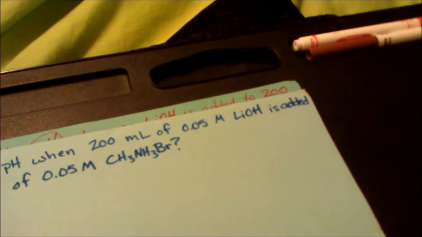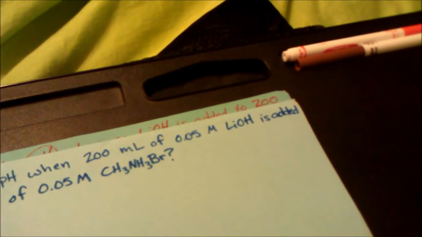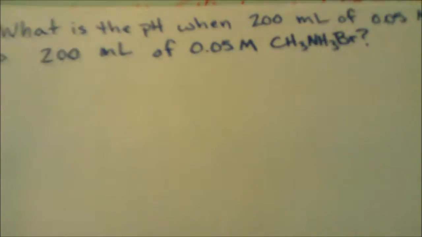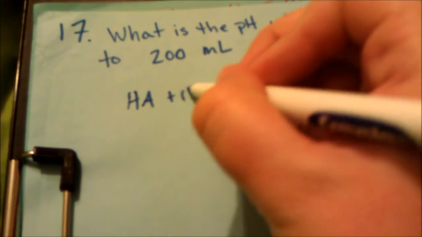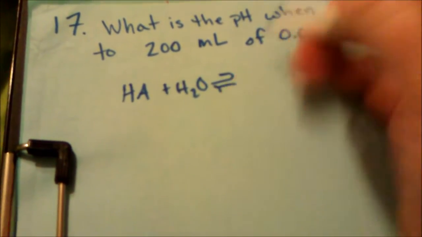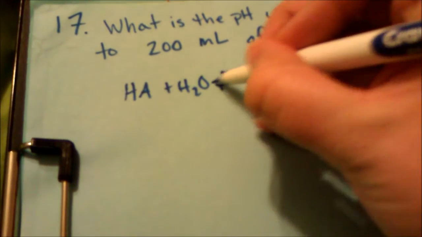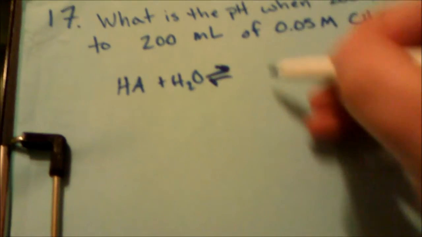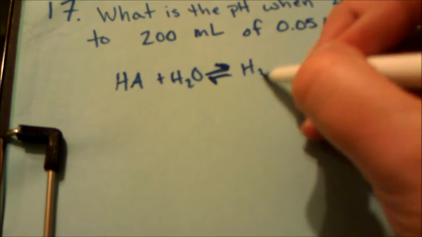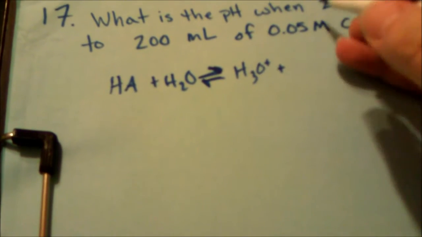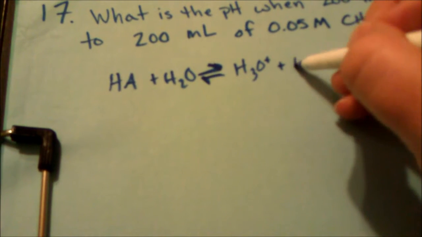The thing we have to keep in mind with this particular problem is that now we unfortunately can't oversimplify things with using the HA plus water yields H3O plus and that other thing, A minus.